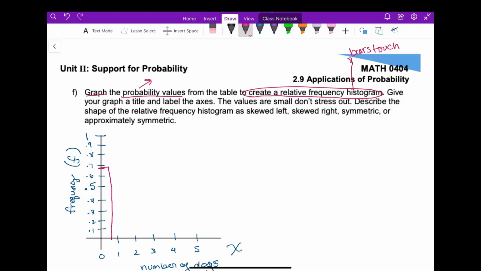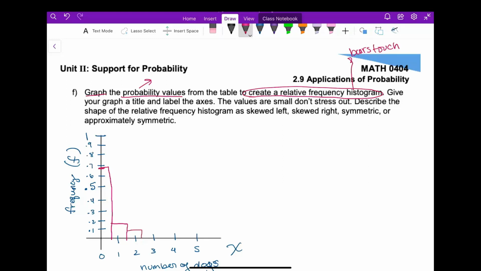My next value is 0.1954, so it's really close to 0.2. I'll go about right here, go halfway, make sure that my bars are staying connected. Next value is 0.0772. From here on, it's very tiny, and I understand if you're maybe not seeing the difference, but 0.07 is the closest one to 0.1, and everything else will start tapering off.